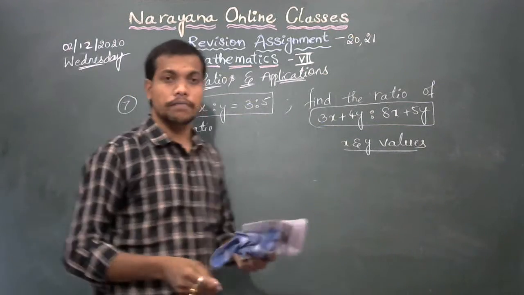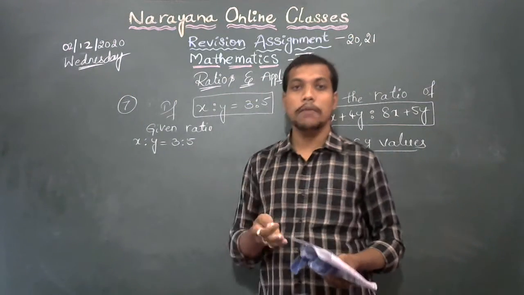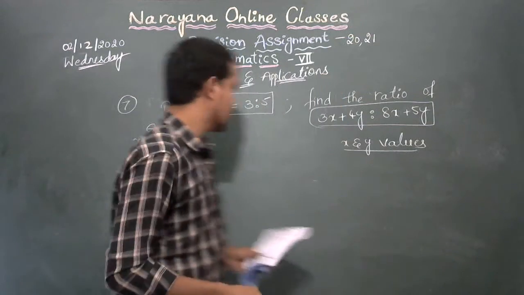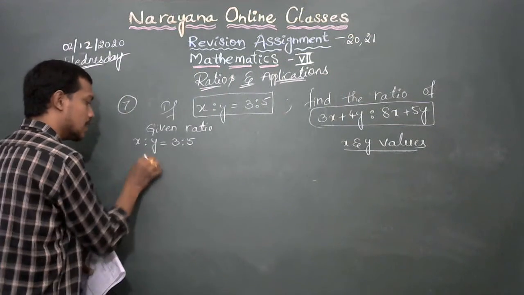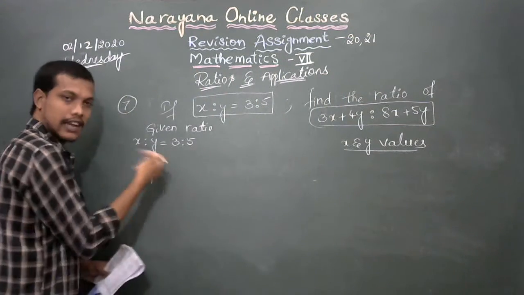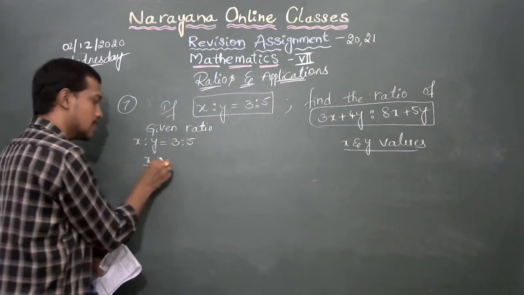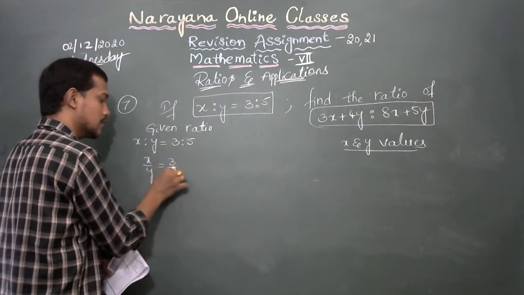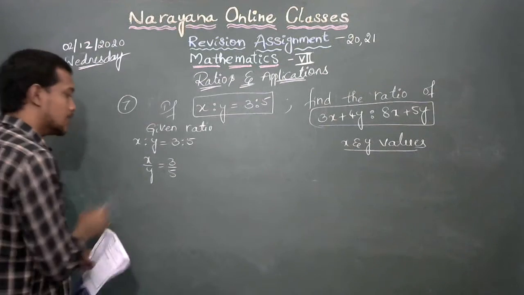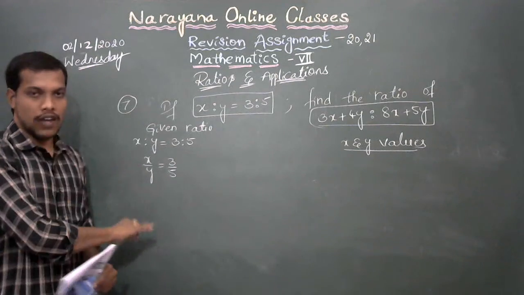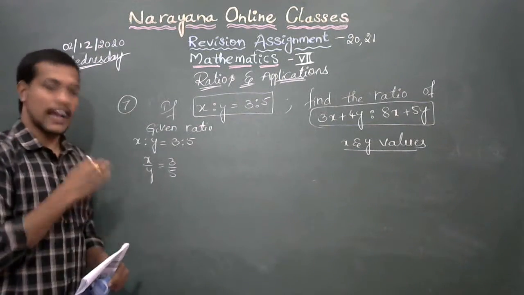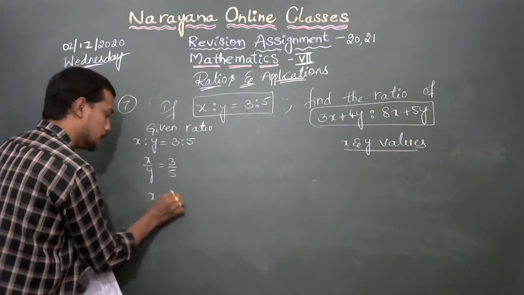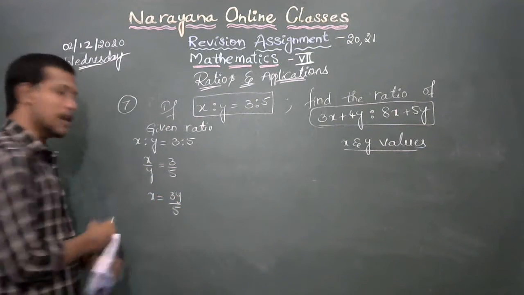Generally, a ratio can be converted as a fraction or simplest form. So x is to y, I can change to x by y, and 3:5 we can change to 3 by 5. We want either x or y. First of all, I'm finding the x value. So x equal to 3y by 5.